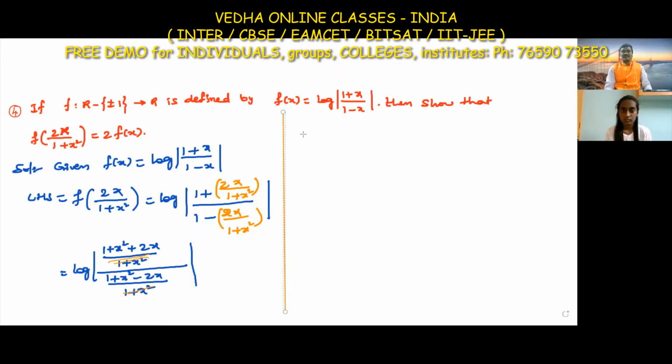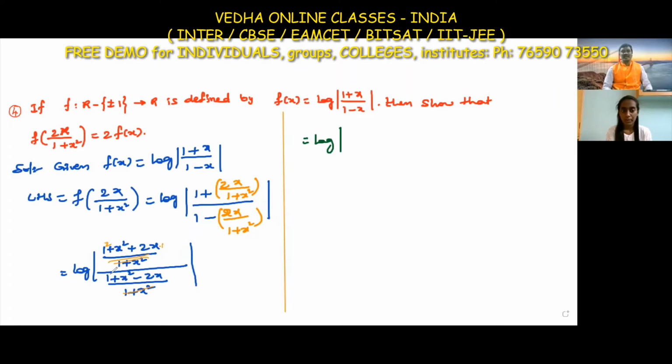So log mod of (1 plus x square plus 2x). We can write 1 as 1 square, and 2x as 2 into x into 1, which is the 2ab form: a square plus b square plus 2ab.